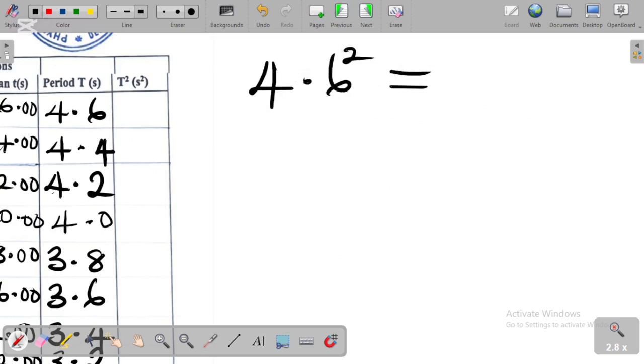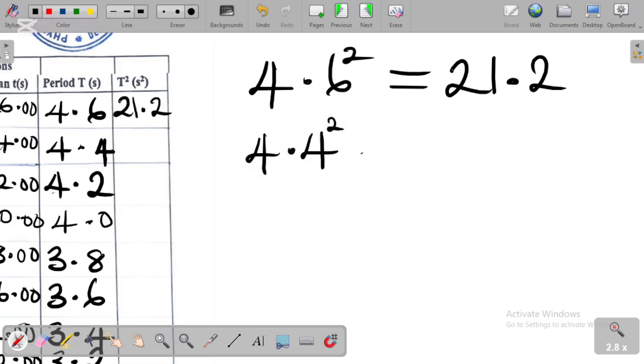It would give you 21.2. So let's write it down here. 21.2. The next one is 4.4 raised to power 2. It would give you 19.4. So you write down here 19.4.